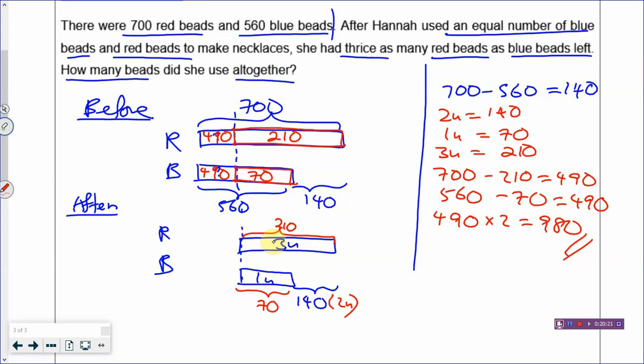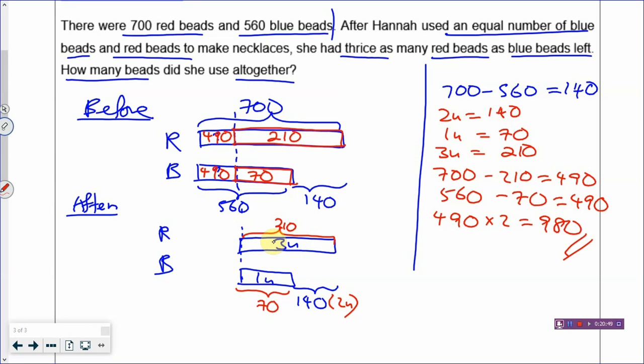And then when you use the before and after tabulation, it will be much easier, because the tabulation method is very related to model drawing, just that you don't need to draw rectangles, right? But the steps are the same. Whether you use model drawing or tabulation, they are actually very similar. But you need to know how to draw model first before you can use the tabulation method.